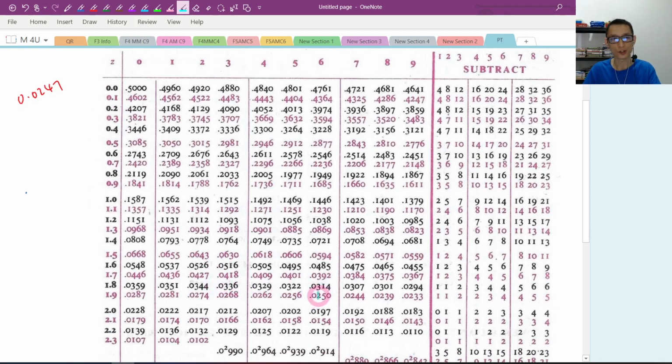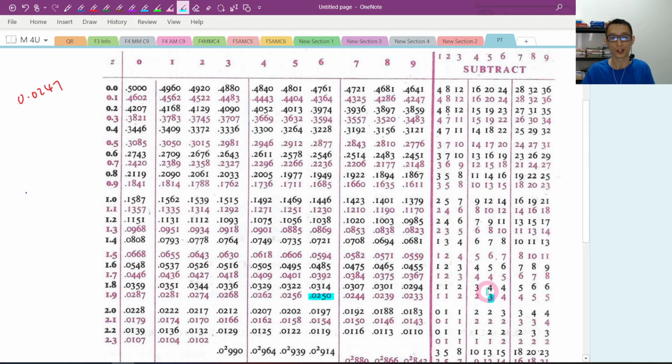Now we don't have 0247, but as I told you just now, if you don't have the reading exactly the same as what we want, we just find a number which is slightly greater than it. So 0247 I don't have, I just get 0250. So what's the difference between this and this? 3, right? So I want to minus 3.